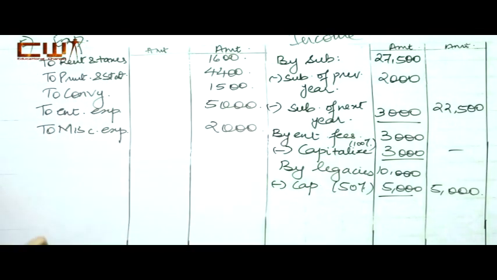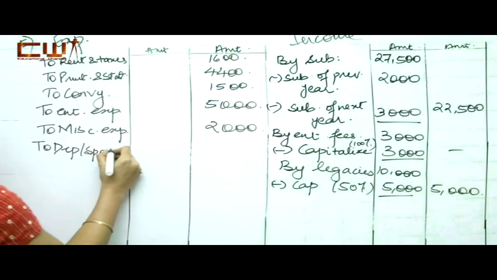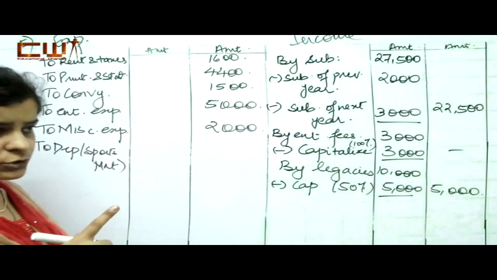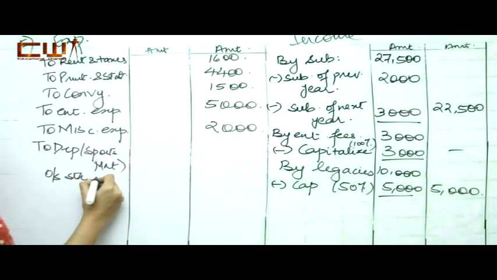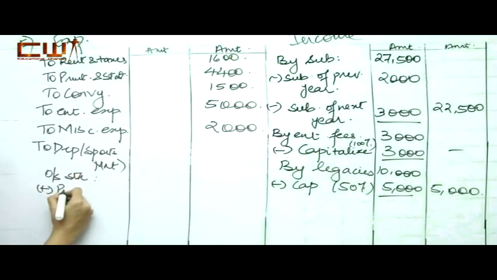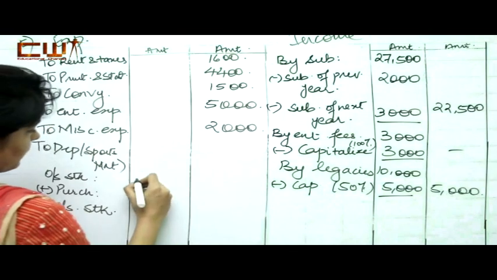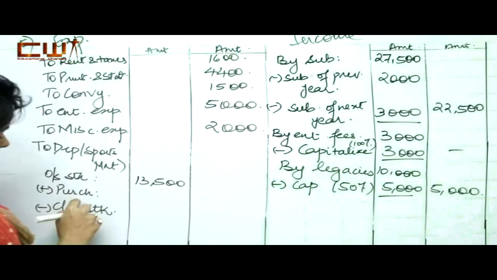Then you have the depreciation on the sports material. How much? You have the opening stock plus purchases minus the closing stock. That is the formula. So what is the opening stock given to you? 13,500. What are the purchases?